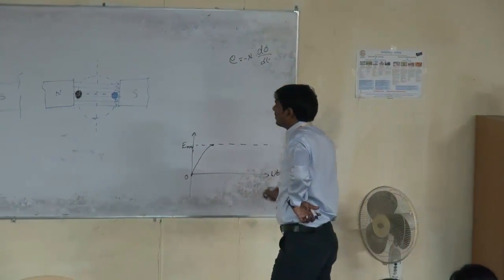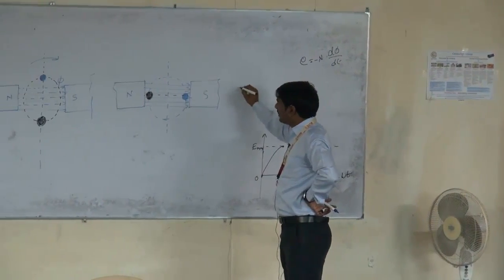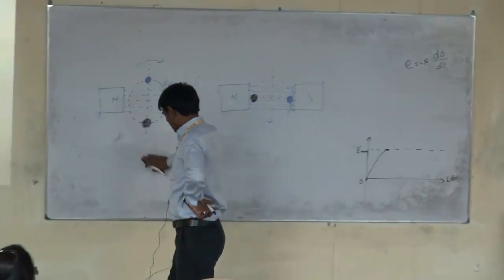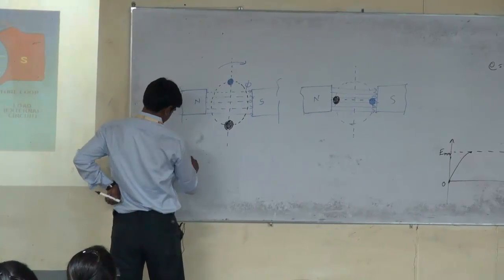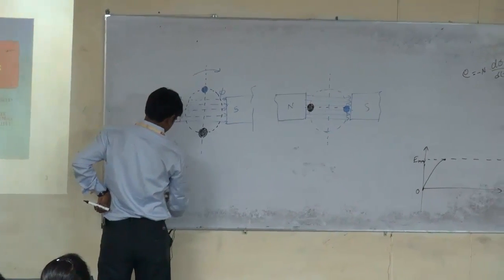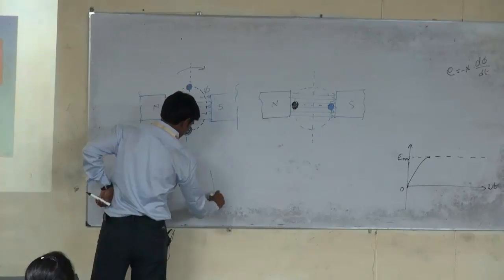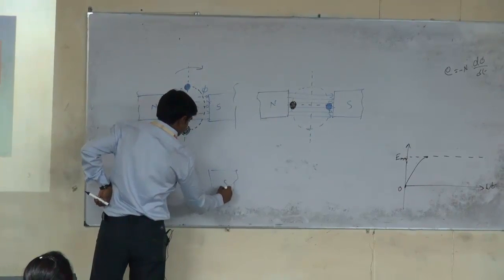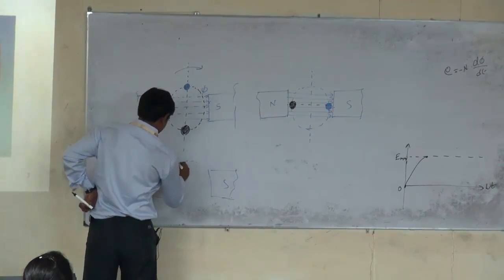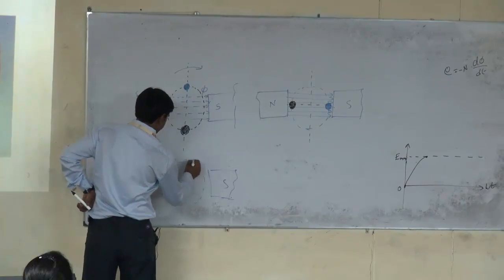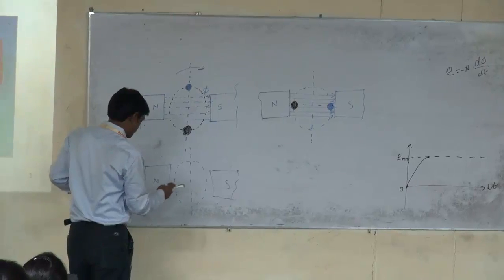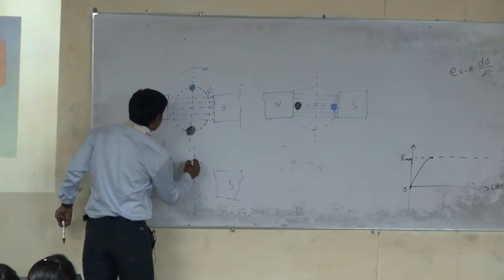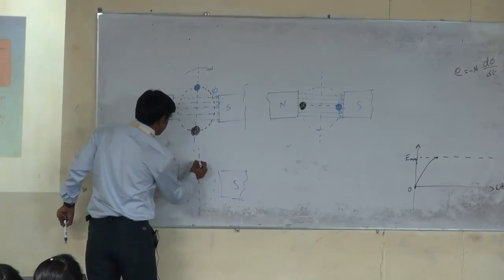Okay. Now let us consider, let me draw another diagram. North pole, south pole. Okay. So this is a circle. The coil will move along the circle.